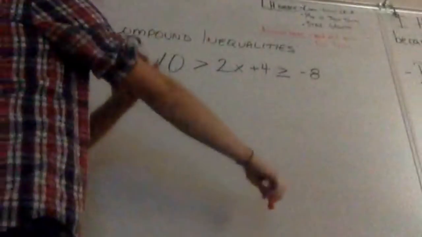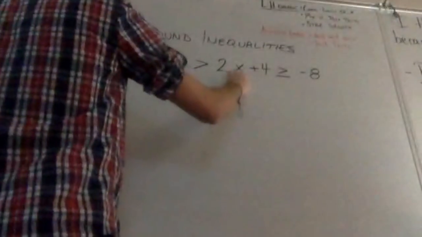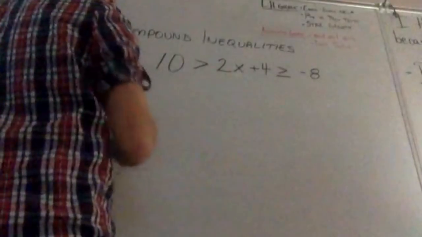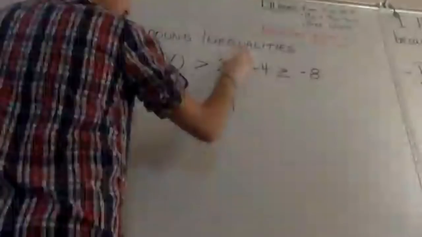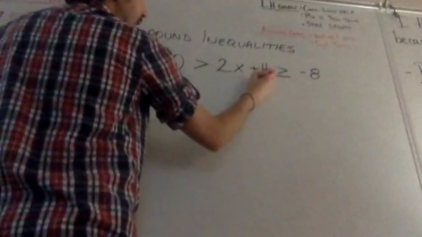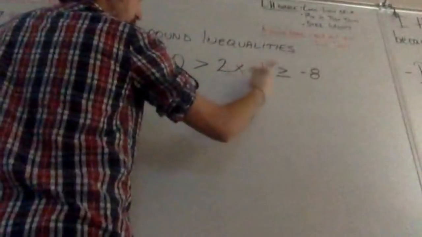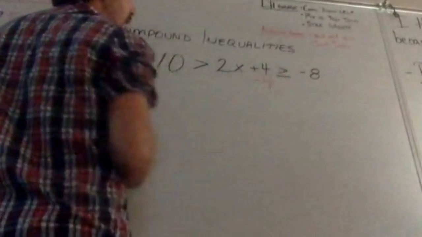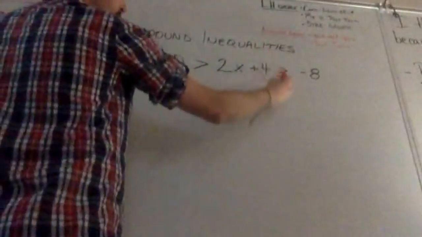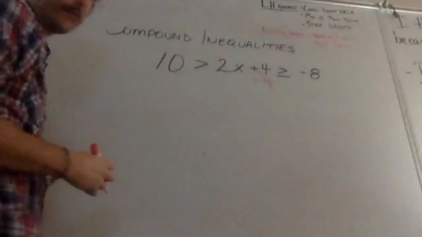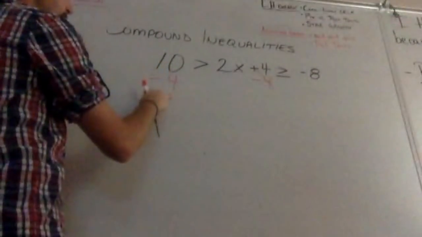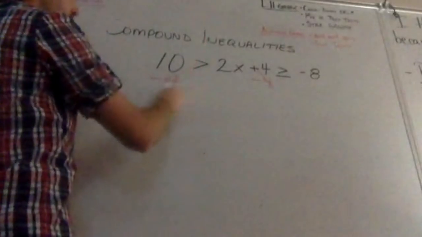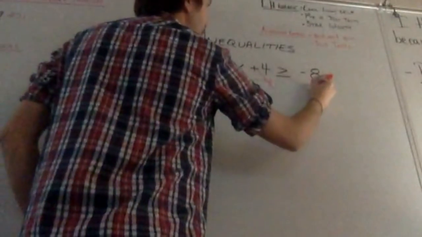Now, in order to solve for this, we need to get x to be the only thing here in the middle of our inequality. So, I'm going to solve this by taking away my numbers from my x. So I'm going to take away 4 from the middle. All right, that eliminates my 4 there, my +4. I'm then going to take away 4 not only from this 10 on the other side of my inequality, but I'm also going to take away 4 from this side as well.